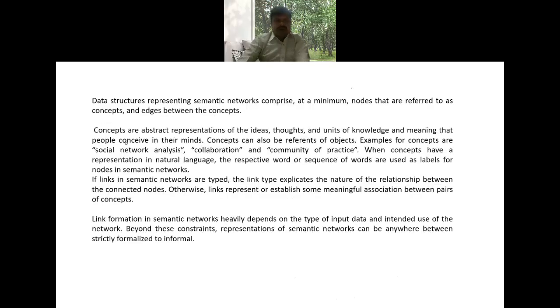Okay, and concepts are abstract representations of ideas. See, concept. What is a concept? Concept is an abstract representation of an idea or thoughts or units of knowledge, and it can also be a meaning that people conceive in their minds.